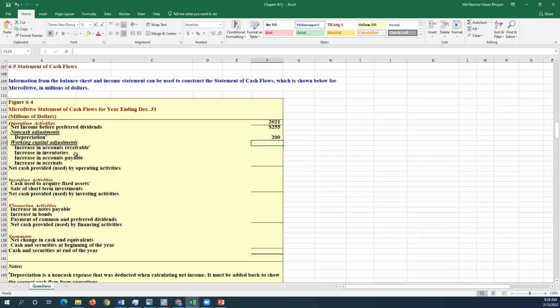On the other hand, increases in the current liabilities accounts are your cash inflows, and decreases in the value of the current liabilities accounts should be your cash outflows. Now, let me give you one simple example: accounts payable. Accounts payable records your credit purchases. So whenever your credit purchases during a particular year go up, then what happens?